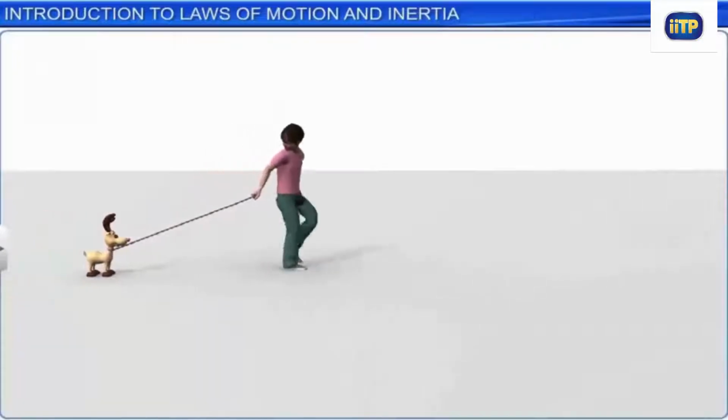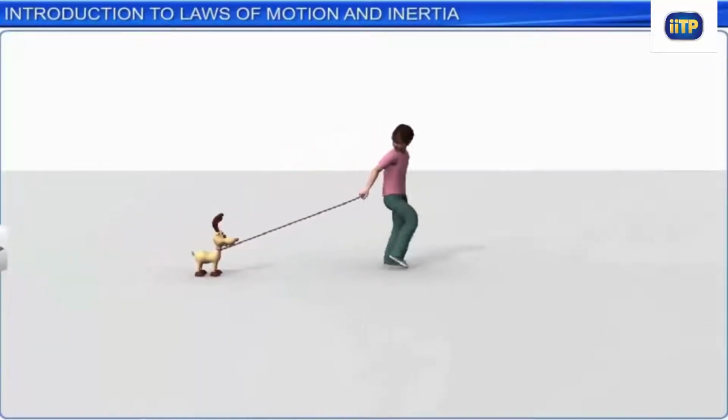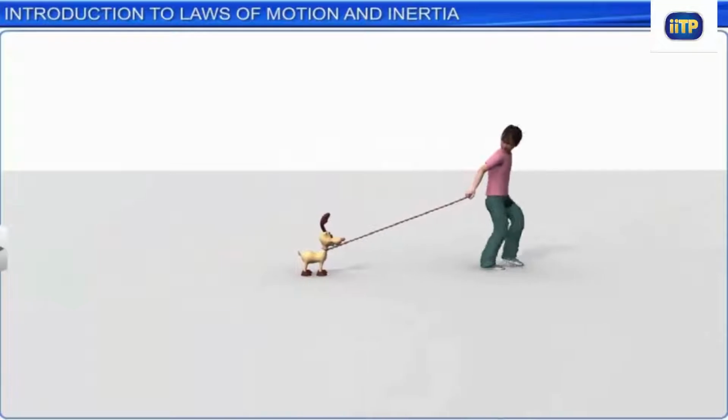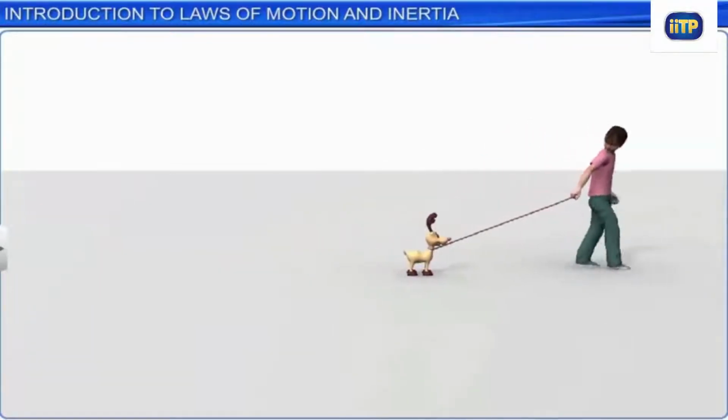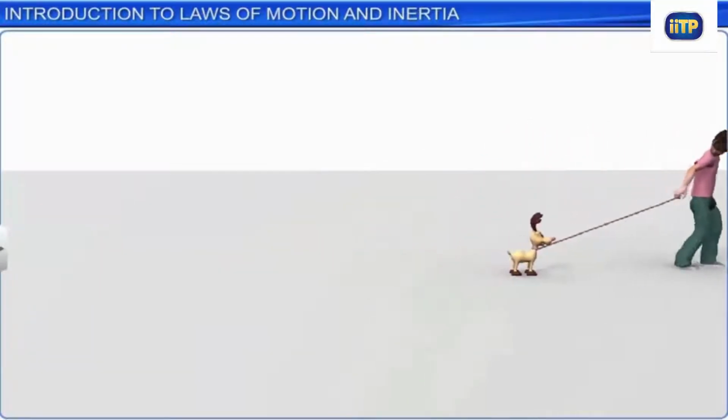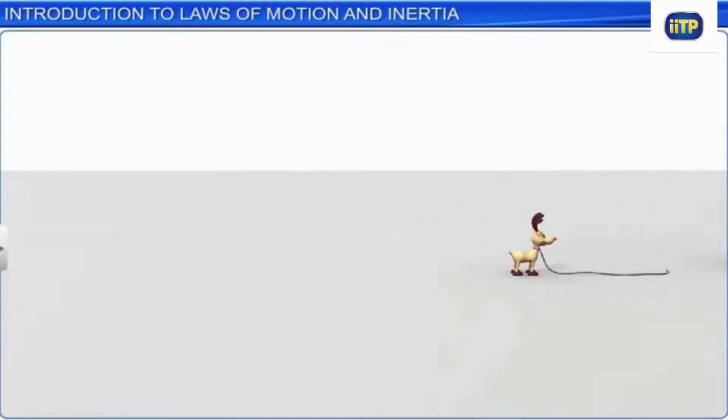For example, to pull a toy, a boy applies a pulling force on the string attached to the toy. As soon as he drops the string, the toy stops. It seems as if what Aristotle said holds well in this example.